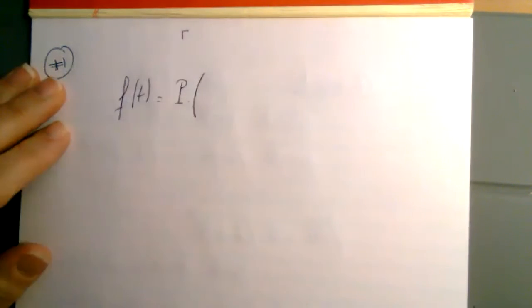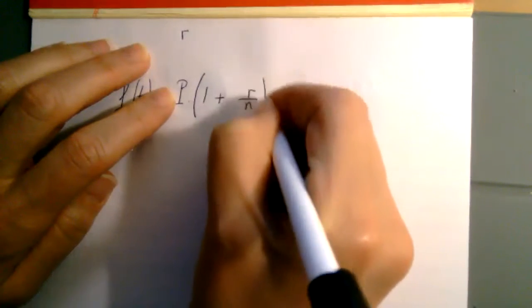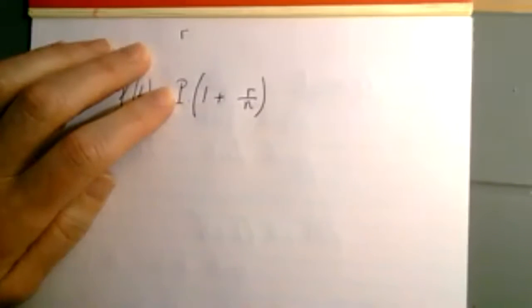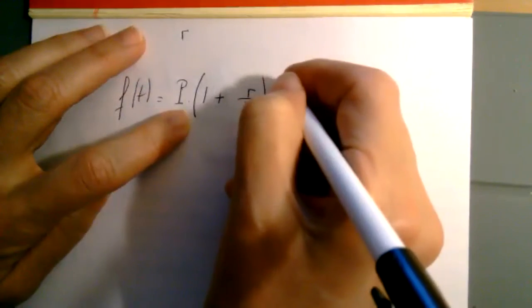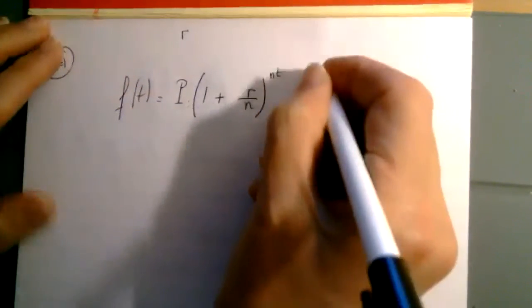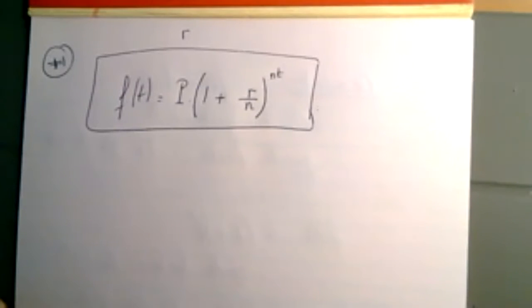So the formula is P times 1 plus R over n, to the power nt. I'm gonna get rid of the 0.01, to avoid any confusion. So that's the formula. And we're gonna do problem number one, all of it.